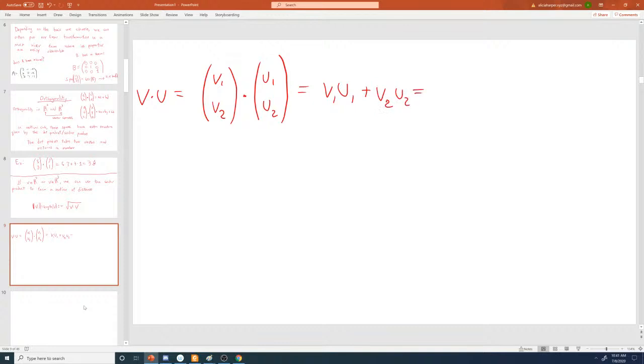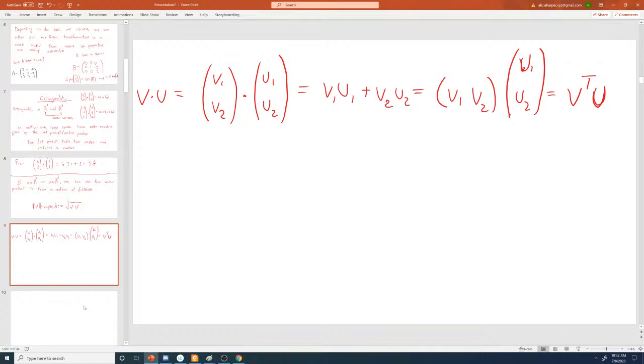Well, we can think of this slightly differently, as the result of a matrix multiplication. The matrix multiplication we'd be performing is the row vector (v1, v2) with the column vector (u1, u2). So we can alternatively write v dot u as v transpose matrix multiplied with u. So this is a way of reformulating the dot product in terms of the matrix multiplication product.